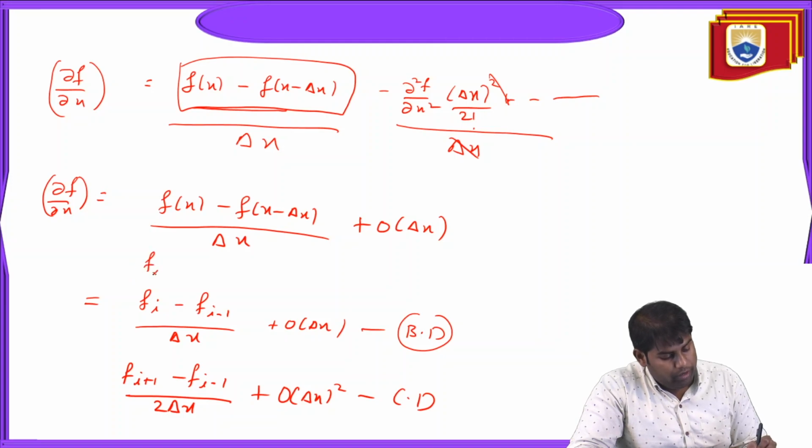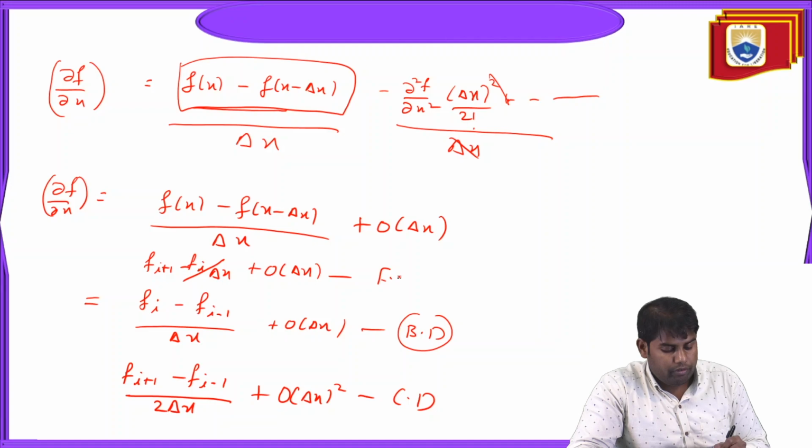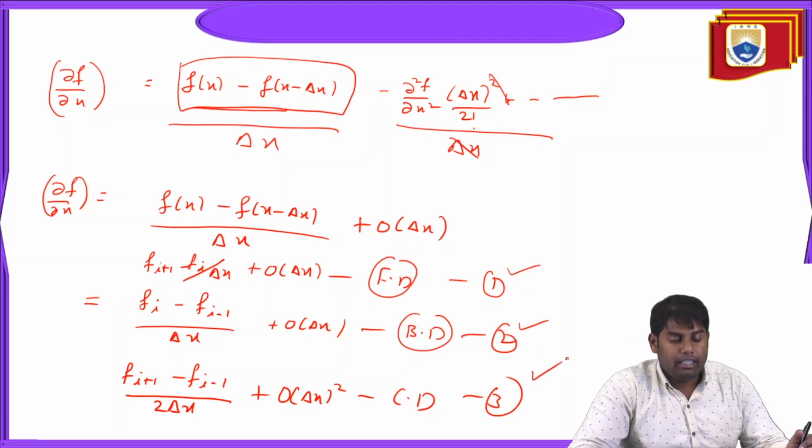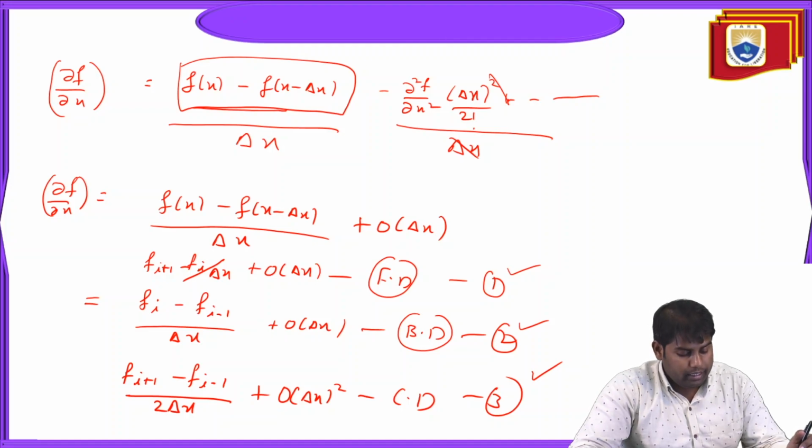Similarly, f of i plus 1 minus f of i divided by delta x plus order of accuracy of delta x, which is forward difference. So from 1, 2, 3, we can see that the order of accuracy for forward difference is delta x, for backward difference also it is delta x, but for central difference it is delta x squared. So it has a higher order of accuracy.